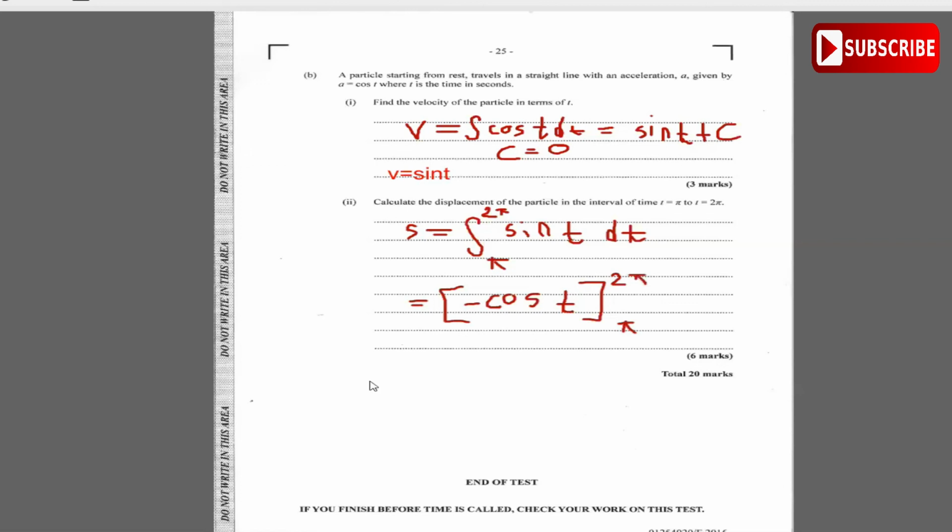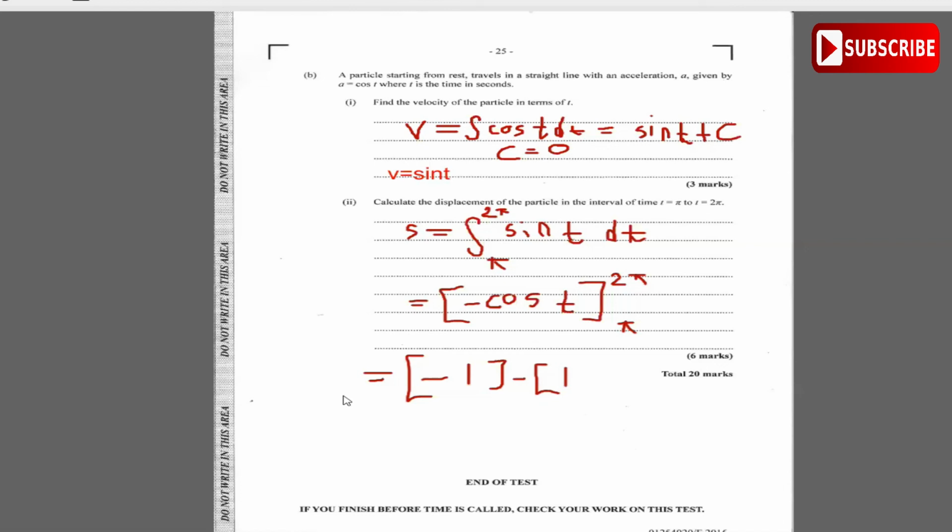So you plug in 2 pi first. The cosine of 2 pi gives minus 1. Then minus, when you plug in pi, the cosine of pi is minus 1, so minus minus 1 is 1.